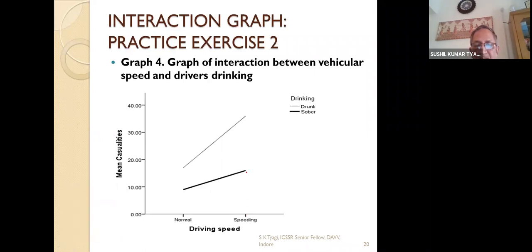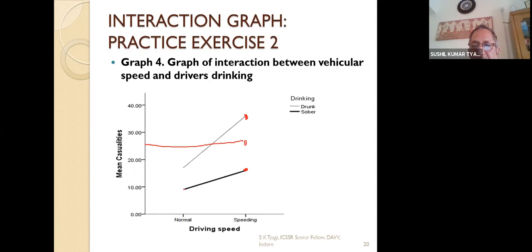Speeding people, if they are sober, this is the number of casualties. If they are drunk, this is the number of casualties. So on average, this is the number of casualties between these two, and you take it here. So this is 25. Now let us take normal.